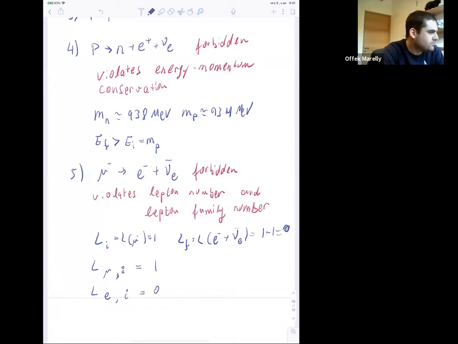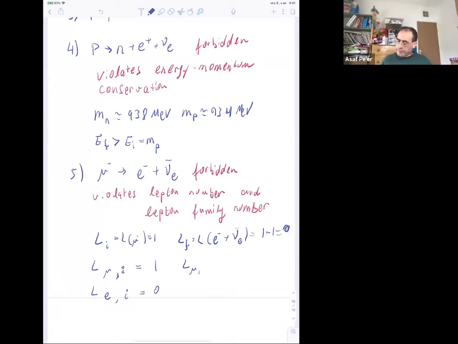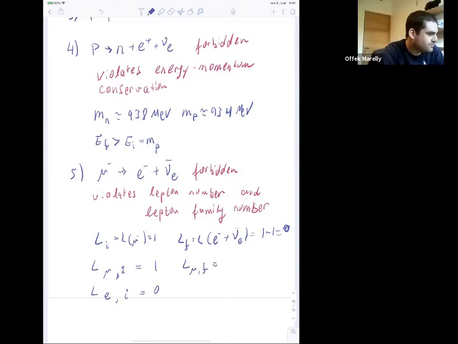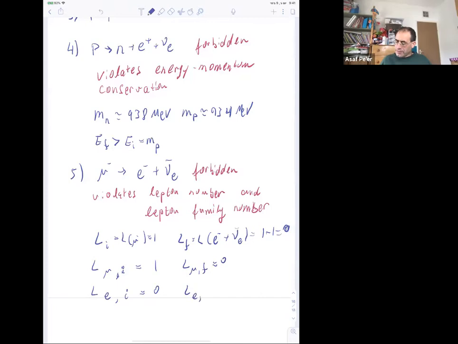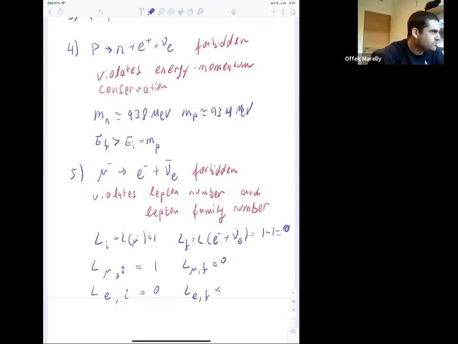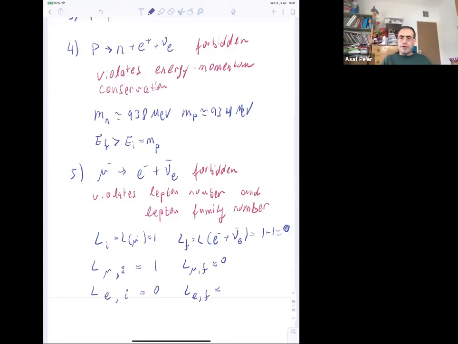What is the muon number in the final state? 0, there are no muons. What is the electron number in the final state? 0. We have 1 electron, but 1 anti-neutrino, so it's 1 minus 1, so it's 0. So the electron family number is actually conserved, but the muon family number is not conserved.